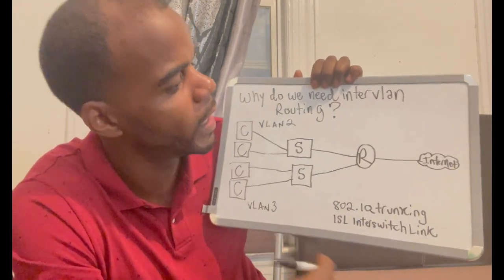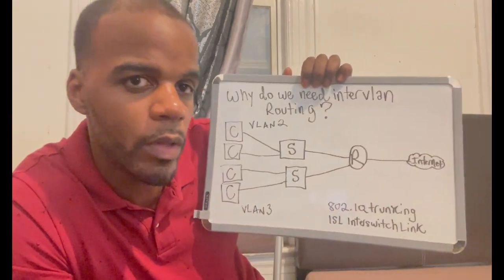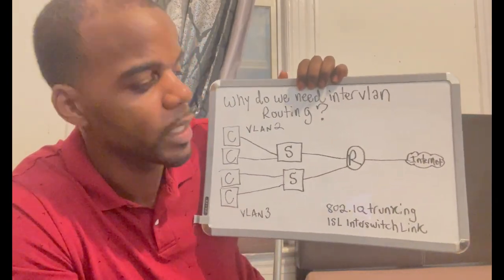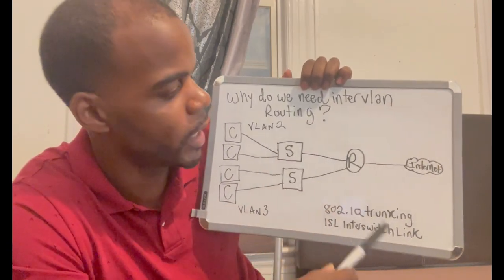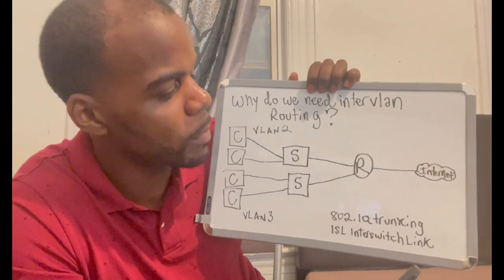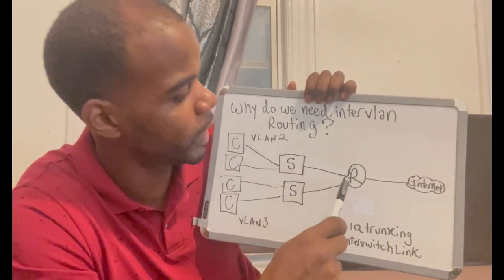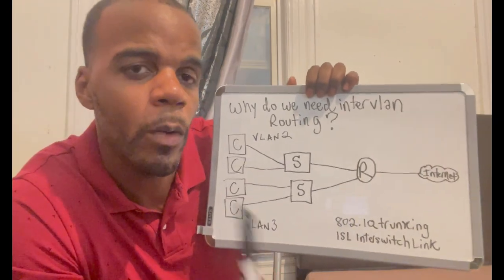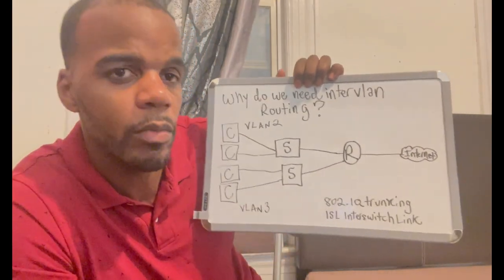In other words, if VLAN 2 wants to communicate with a computer on VLAN 3, then if we choose this protocol on these switches, this protocol is going to be responsible for tagging all the information on the switch, and it's going to let the switch know where it's going to go, which is VLAN 3.